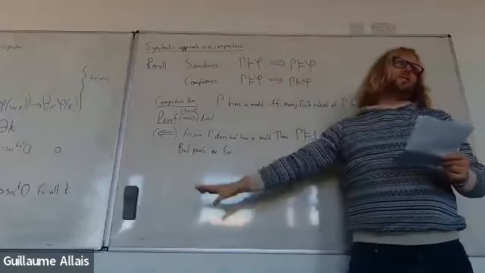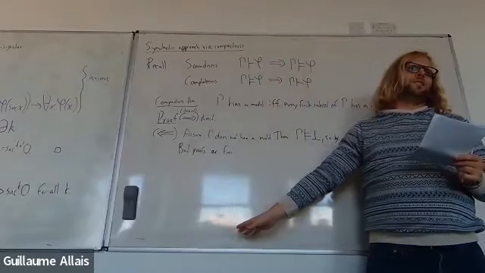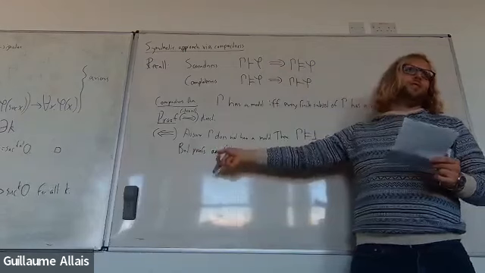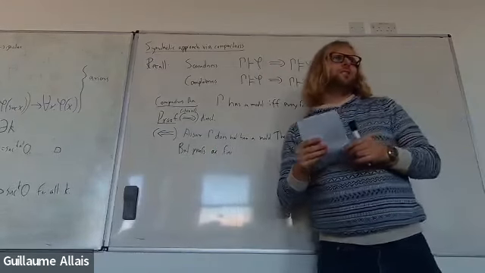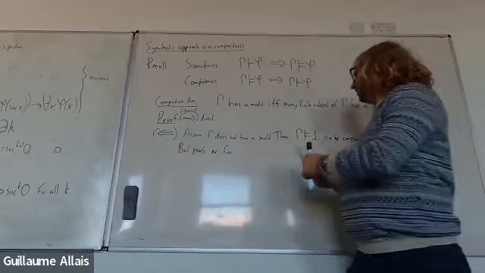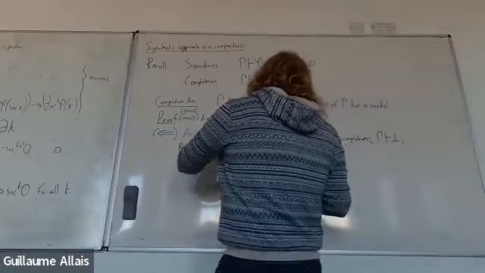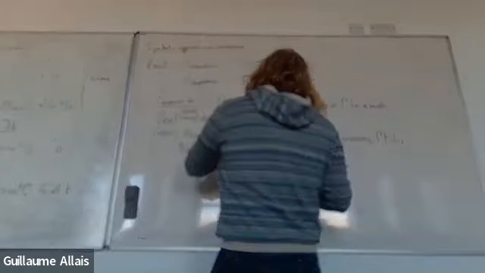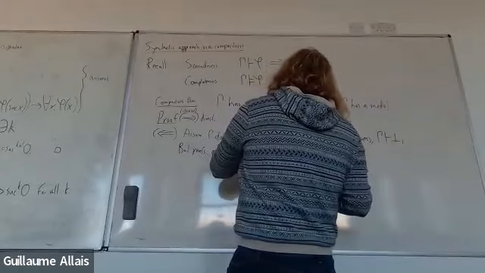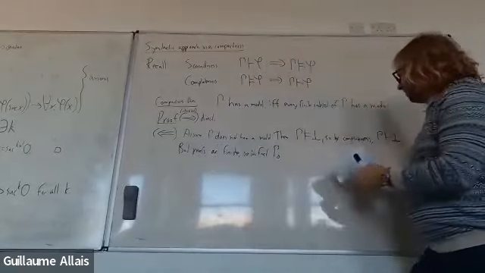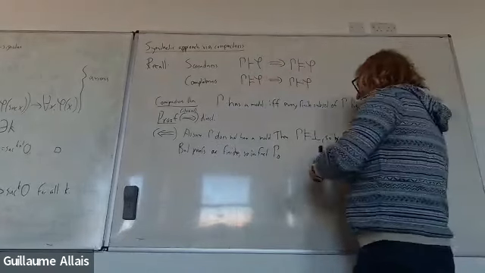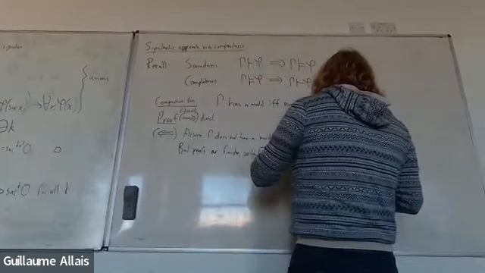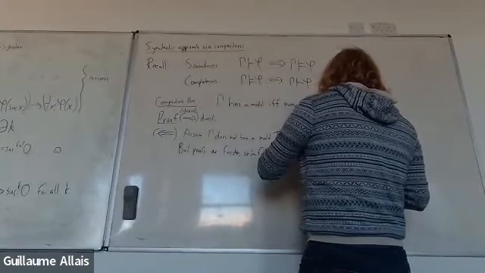You can put a certain topology on formulas, and compactness is exactly saying that. Let me finish this. So in fact there is some finite gamma zero that proves bottom: just look at all the leaves of this proof.